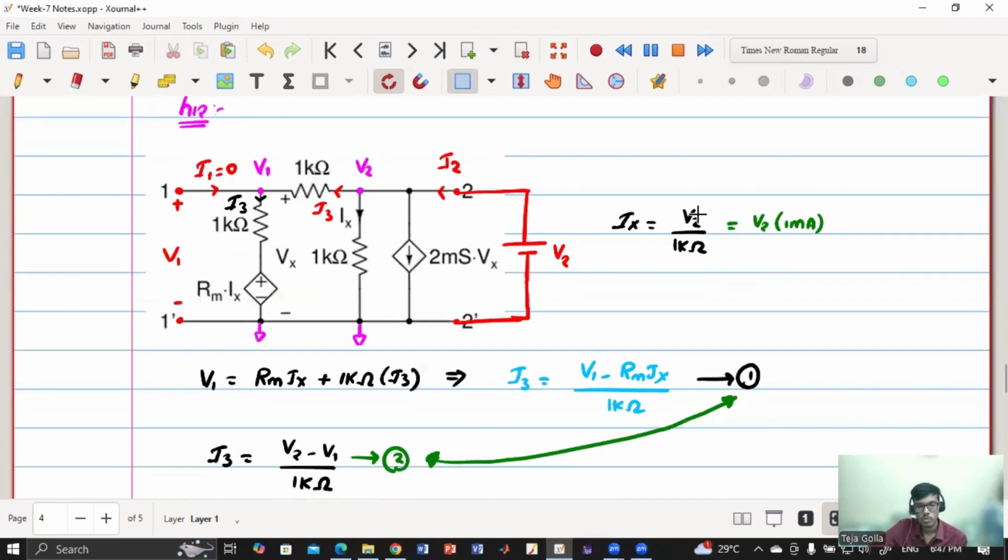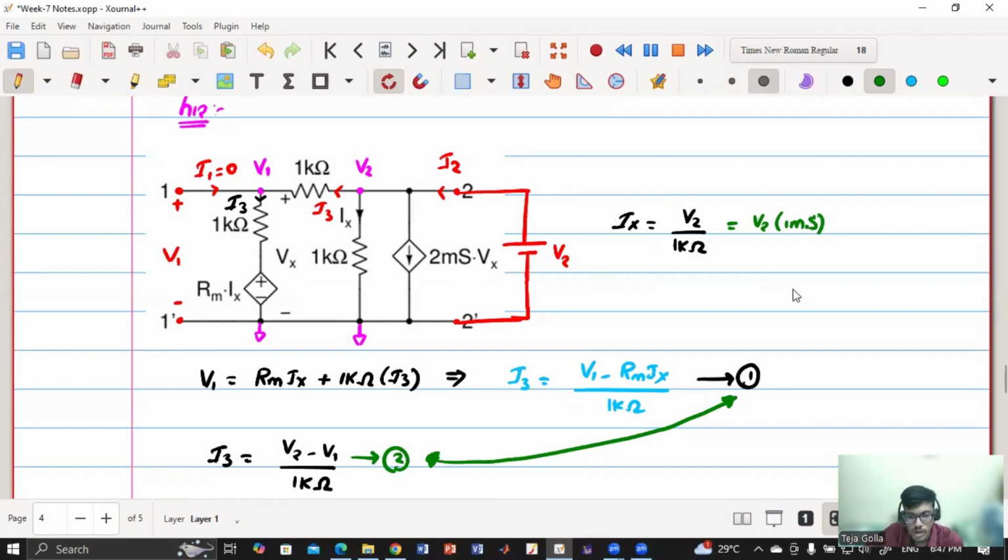So V2 by 1 kilo ohm, right? 1 kilo ohm, if I take it to the numerator, will be 1 milli, right? So Ix will be V2 into 1 milli. It's 1 milli Siemens, sir. Yes, actually I should have written it that way. You are right, so this will be 1 milli Siemens.